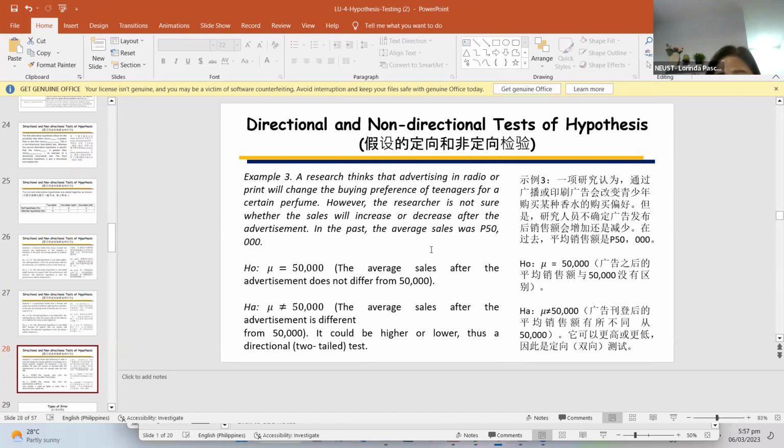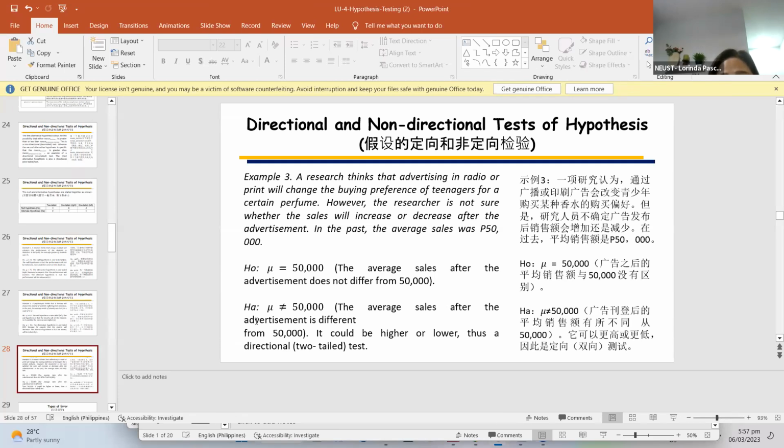In the past, the average sales was 50,000. So the null hypothesis would be the mean sales naman to is equal to 50,000. So the average sales after the advertisement does not differ from 50,000.